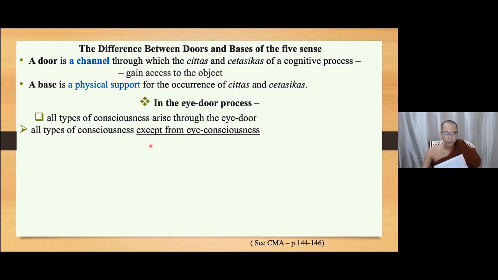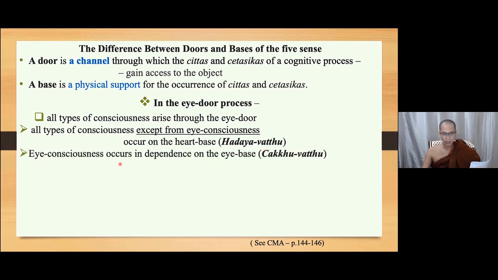Then for the base, all types of consciousness except eye consciousness. So eye consciousness is not there. All the other consciousness in that process, the 5-door adverting, receiving, investigating, determining, javana and registration, all occur on the heart base, hadayavatthu.